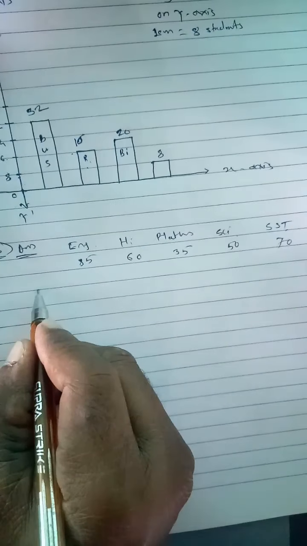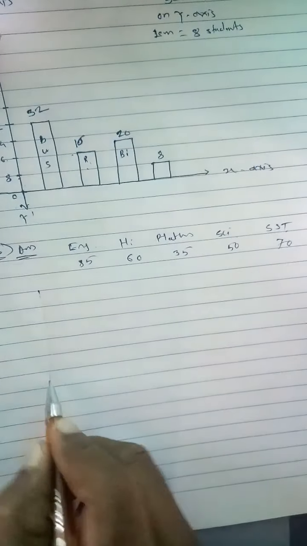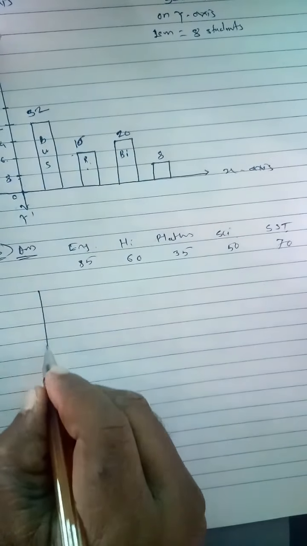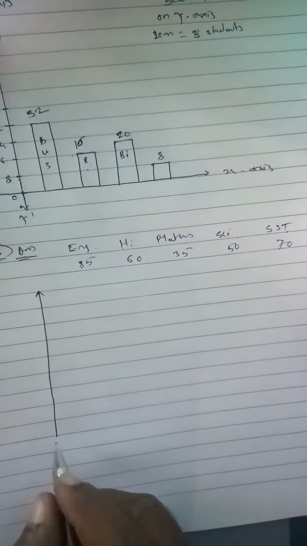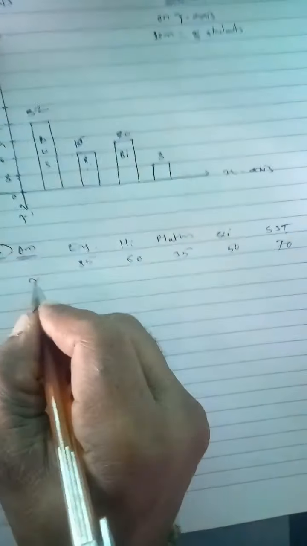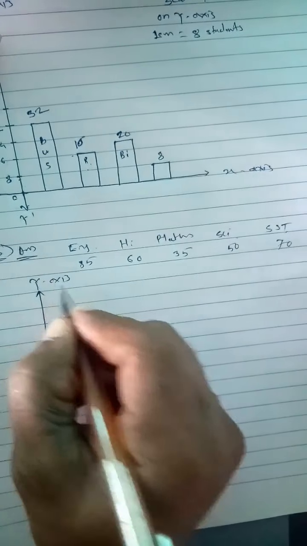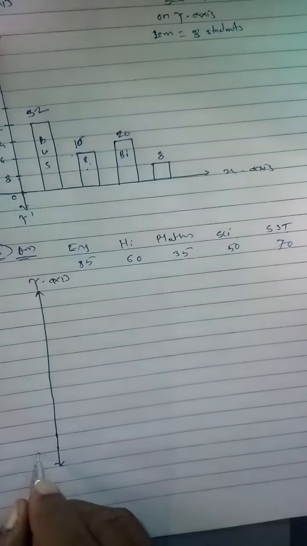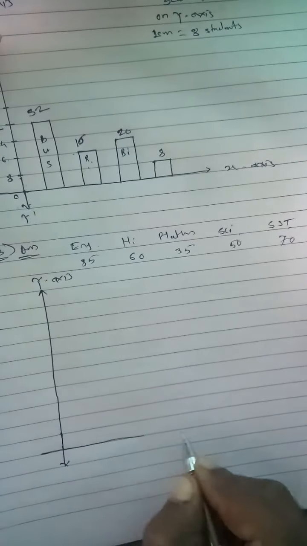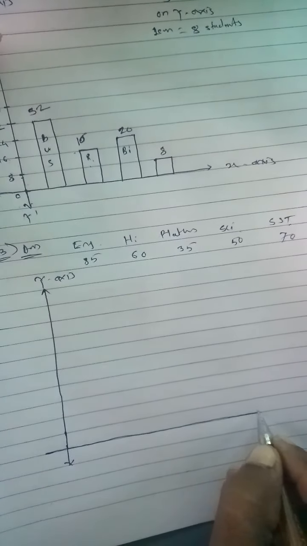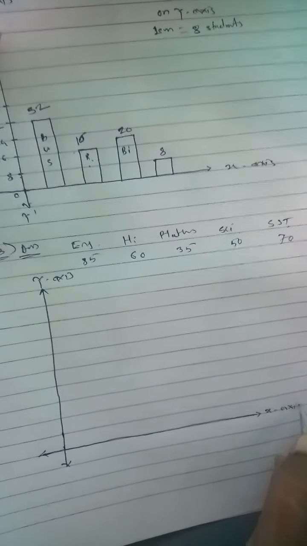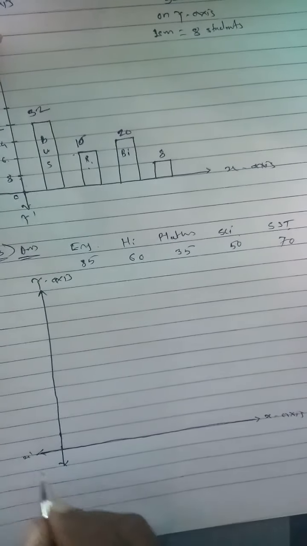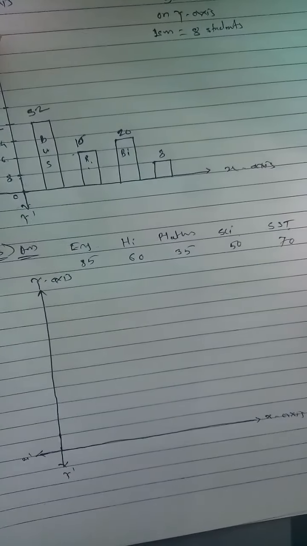First you have to draw the y-axis. This is the y-axis. Then the horizontal axis is known as the x-axis, here x dash, here y dash.